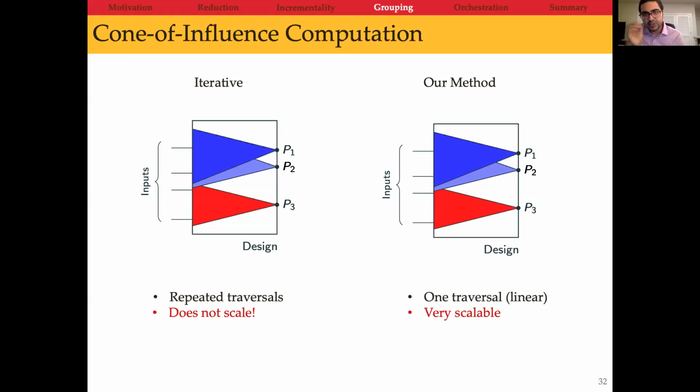Because of this efficient graph labeling, computing all the cones of influence for P1 to P3 only requires one traversal of the entire netlist, and it's linear in the size of the design. It's extremely scalable because, given thousands of properties, our computational complexity does not depend on the number of properties, but only on the size of the design.